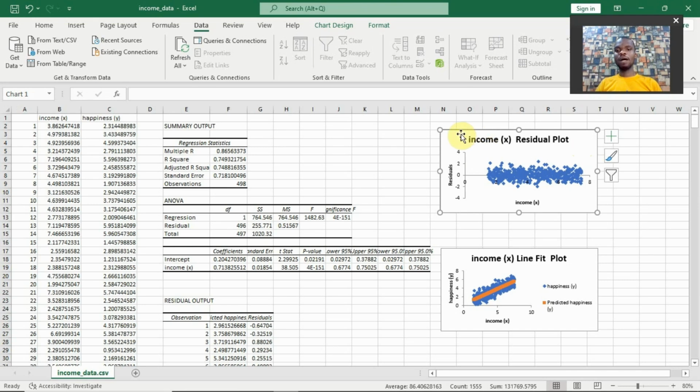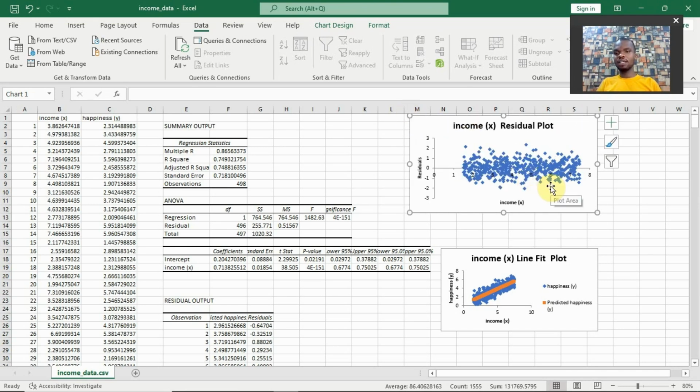Now, from our residual plot, you can say that an independent variable is linearly related to a dependent variable by seeing the position of the residuals in a plot of residual against income. Let me explain what residuals are.